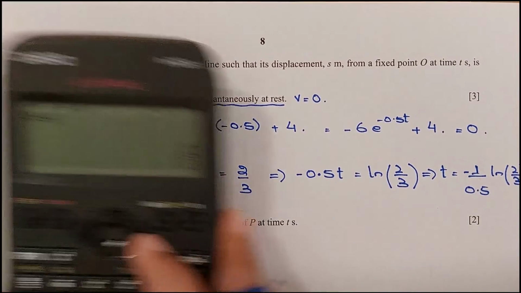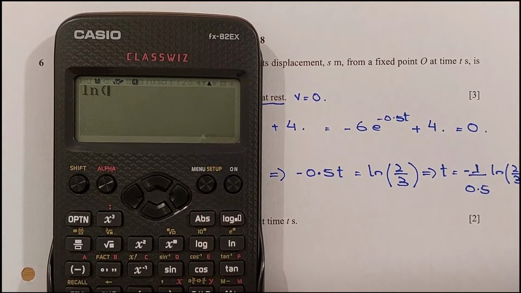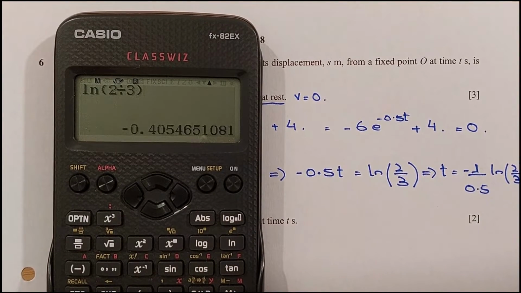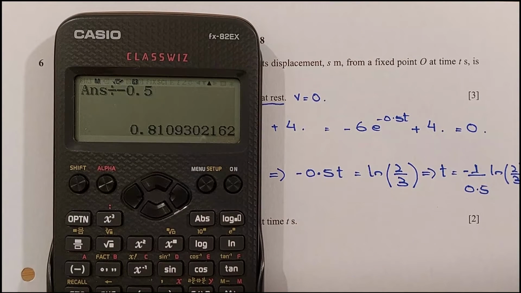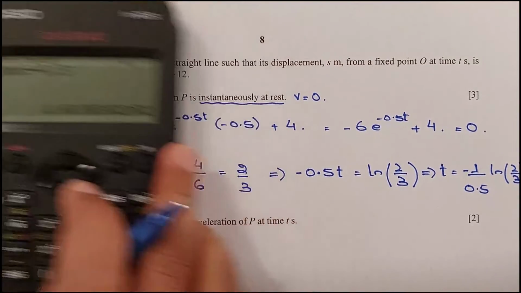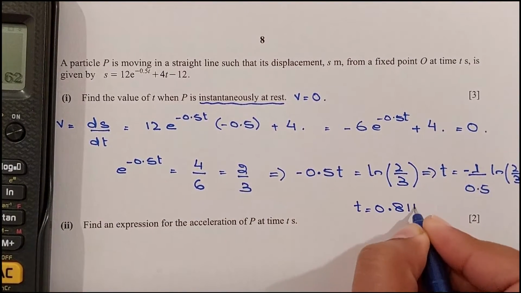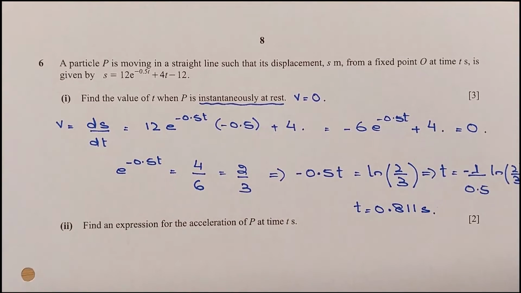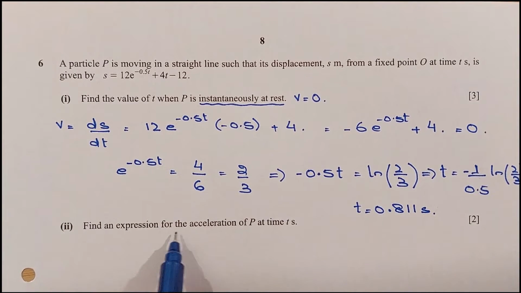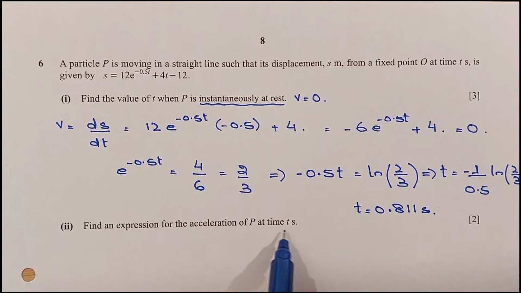Right, let me simplify this. Natural log of 2 by 3 divided by negative 0.5 gives 0.811. So the time is 0.811 seconds.